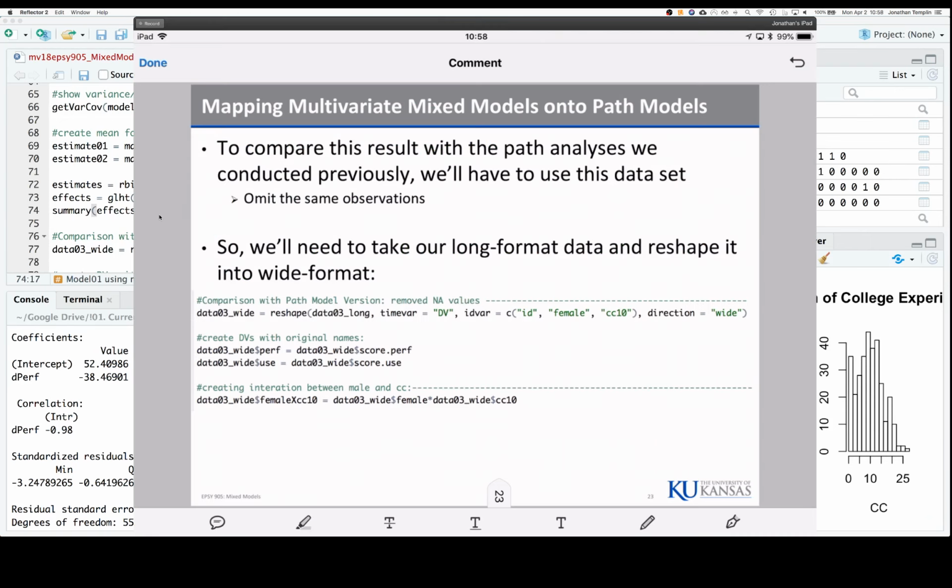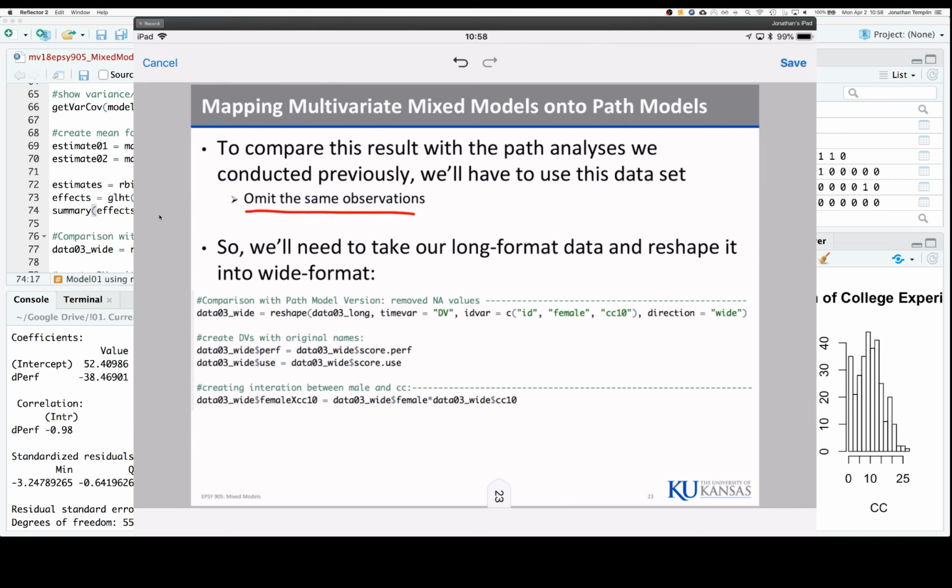We're going to next compare this analysis to the path analysis results we have, and I'll focus on my slides here to make this work. What we're going to have to do to compare, you'd think, well, we can just go back to the slides and the output from a previous lecture, and yeah, you'd think that would be the case. However, we have to make sure the observations align to make this work directly.